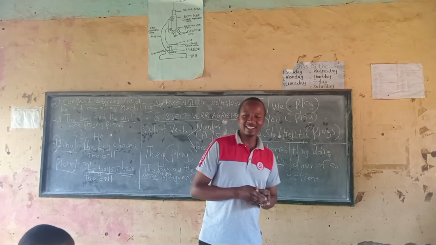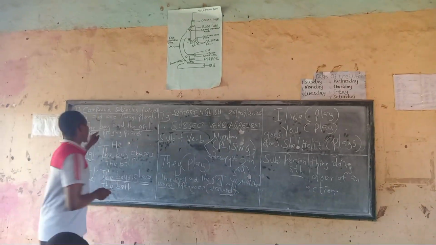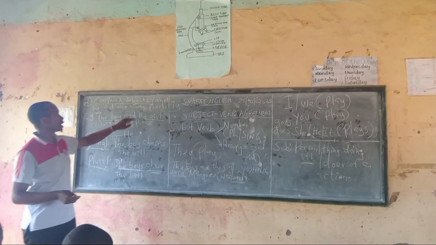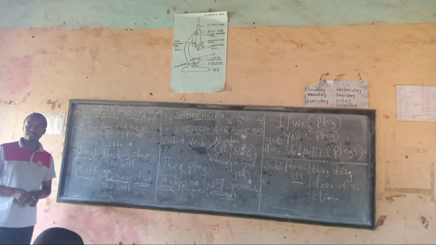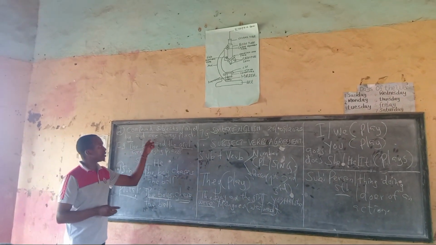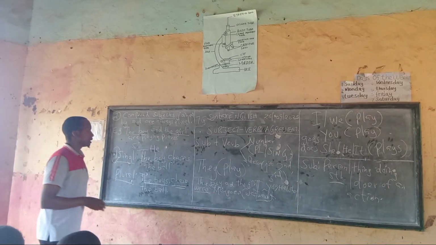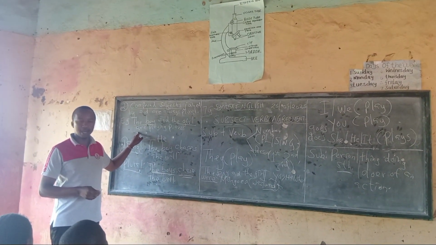Are we together? Yeah, so that it becomes clear. Very well. So the boy is joined by the conjunction and. So it becomes now a compound subject. Are we together? So if now they become plural, that means even the verb there is a plural verb.